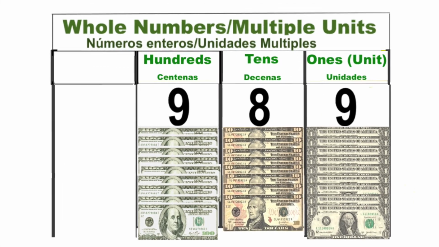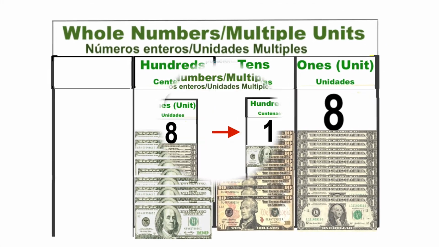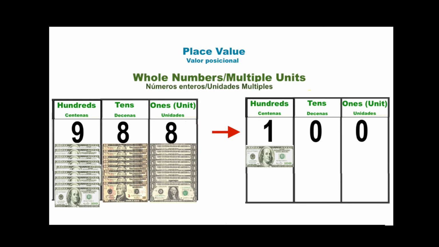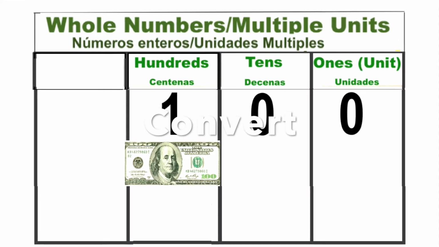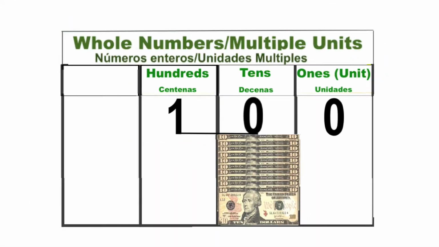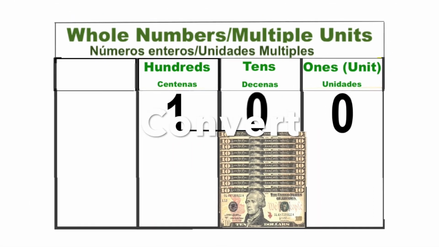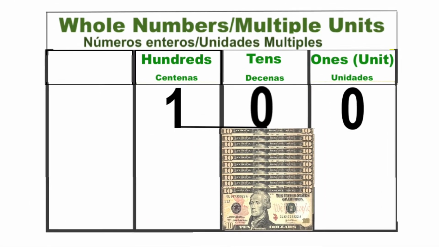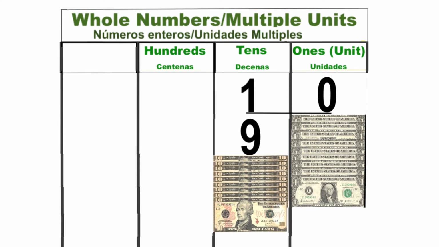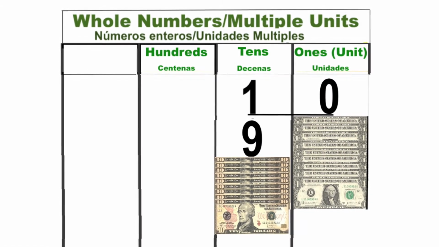Countdown. 989, 988. Let's go ahead and transfer down from 988 to 100. Convert 100 to 10 tens. Convert 1 ten to 10 ones for a total of 9 tens, 10 ones.